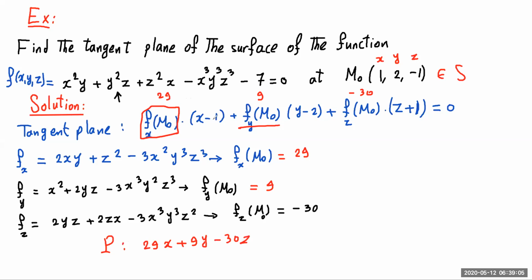Here I have minus 29 minus 30. Okay. And here I have minus 18. So it will be everything in minus. So it will be minus 77. This is the final answer, the equation of the tangent plane.